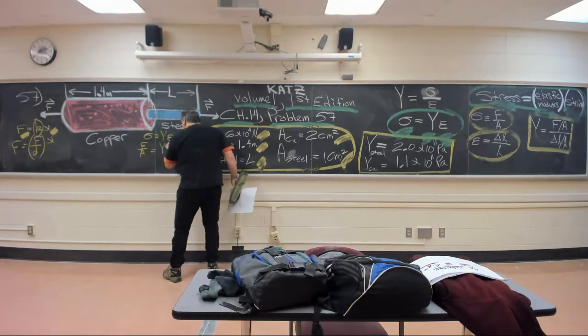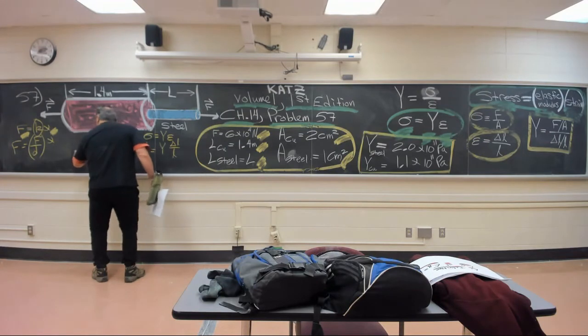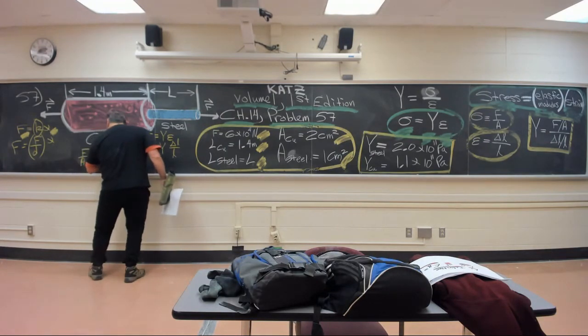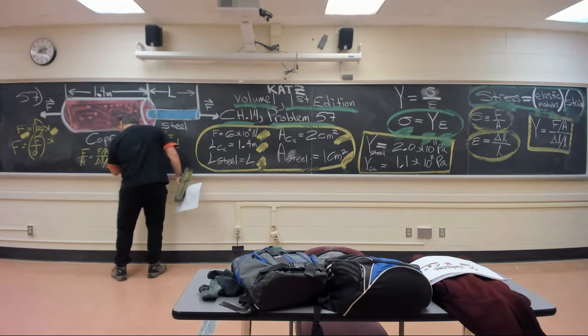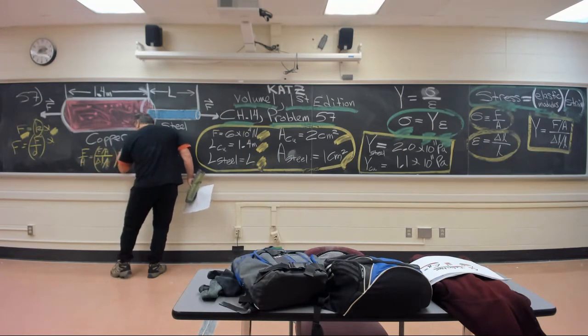And this is delta L over L. Well, I guess you could see there, if that's the way they're going to do it, looking similar to this, you got F over A equals something of the form F over A divided by delta L over L, times delta L over L.